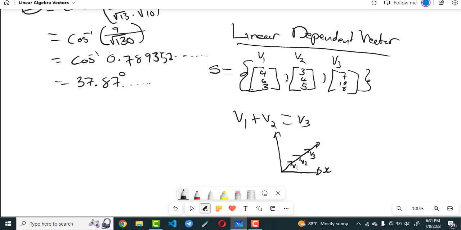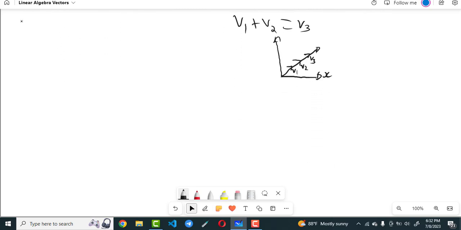There is a common relationship between these vectors. Let us take a look at linear independent vectors. Linear independent vectors are vectors which do not depend on each other.